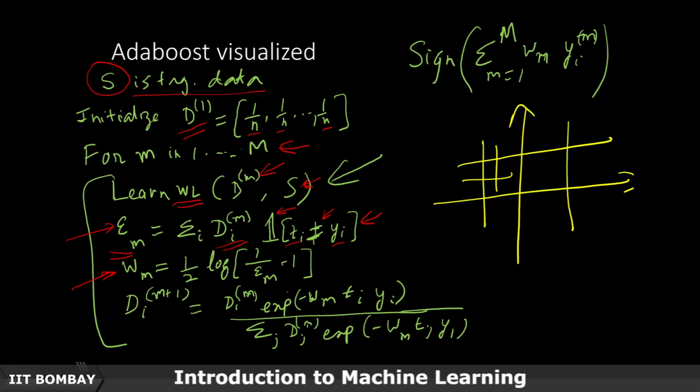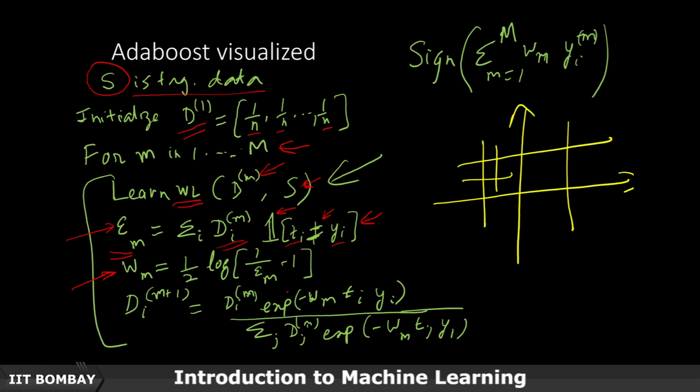We now also need to recompute sample weights for the next round. So what are your sample weights? Sample weights are such that the misclassified samples will have more weight and the correctly classified samples will have low weight.